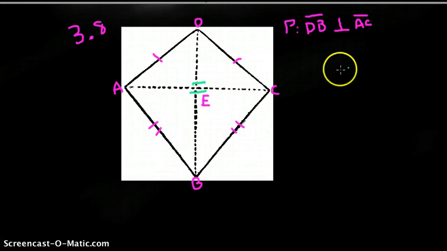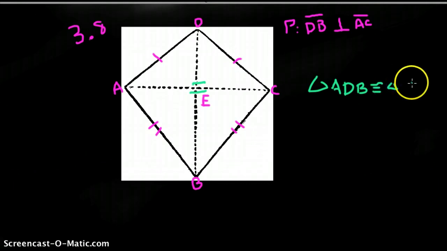So then we can say that triangle ADB is congruent to triangle CDB by side-side-side congruency. And so now, because these two triangles are congruent, we can say that this angle right here is equal to this angle right here.